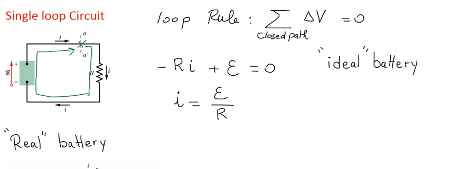If you take a real battery and use it for some time, you will figure out that if you touch it, it has become warmer. Warm means that electrical power is dissipated as heat. And whenever you see that electrical power is dissipated as heat, you should think about resistance. So the real battery has an internal resistance.